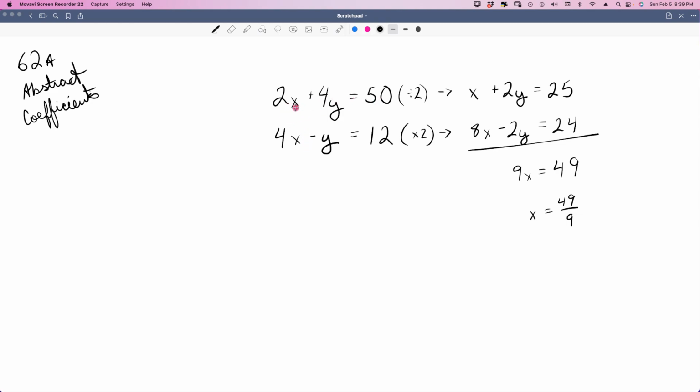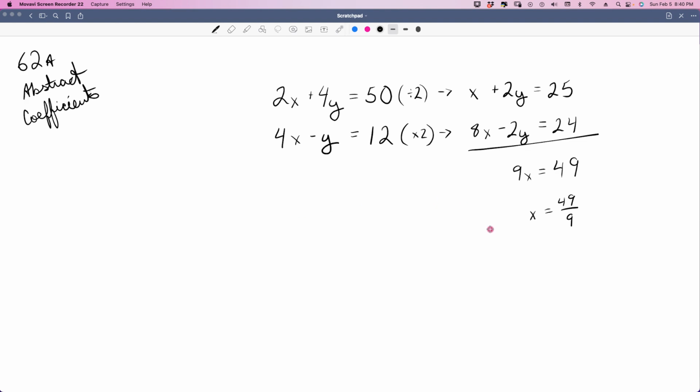Like for instance, in this system of equations, in order to get this y term, since it's already opposite of one another, to match so we can cancel it, we divided the top by 2 and we multiplied the bottom by 2. So that gave us the opposite terms so that we could cancel and solve for x. And then we found that x is 49 over 9.